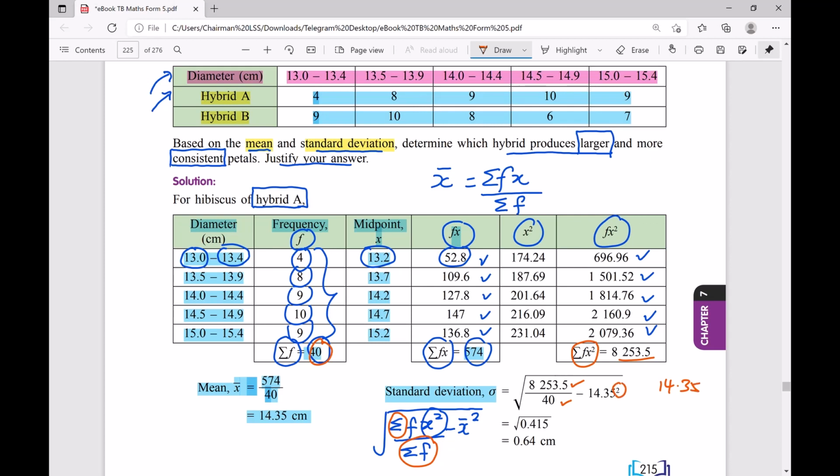After that you square root and you'll get this figure. So for hybrid A, the mean is 14.35 and the standard deviation is 0.64.